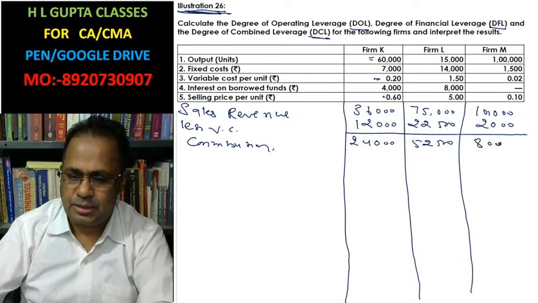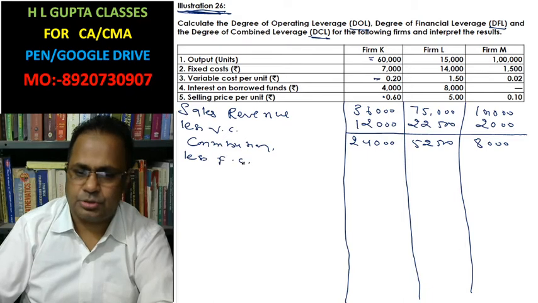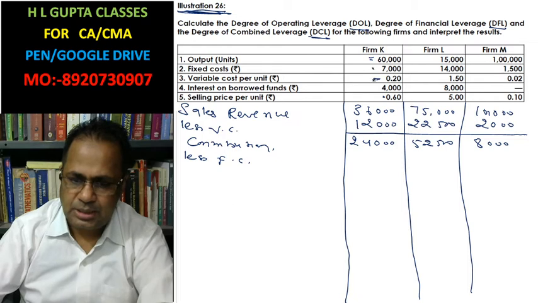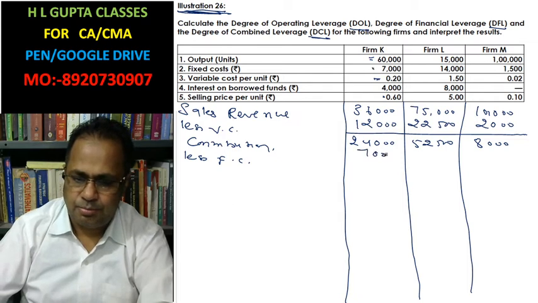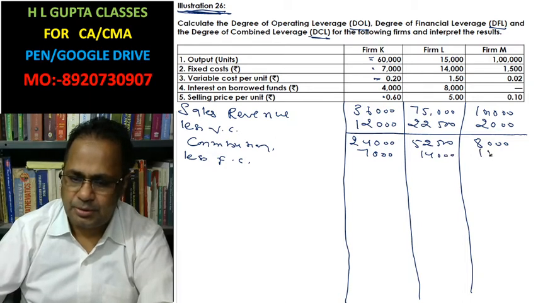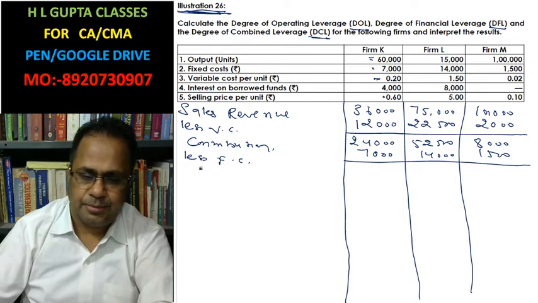This is 8,000. Less fixed cost. Fixed cost is given here, that is 7,000. You write here 7,000. This is 14,000 and this is 15,000. After fixed cost, it is the EBIT.